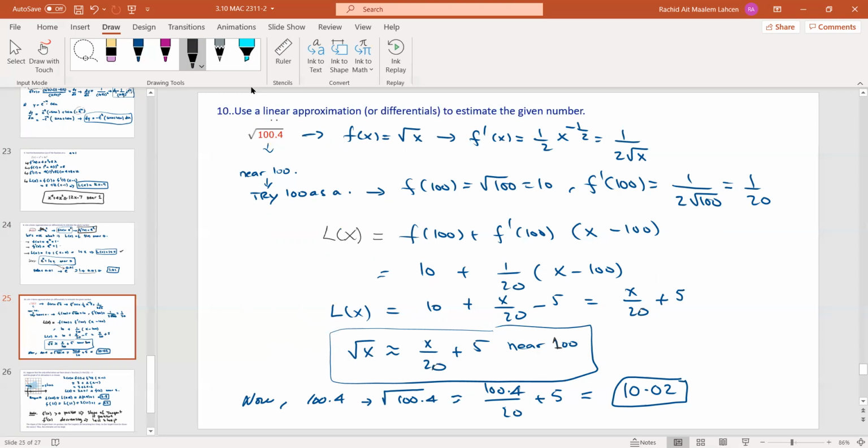Consequently, when it is 104, you see we can use it directly. There is no change here. There is no plus 1 or something there. So it's just directly 100.4 is the x. And that gives us 10.02.